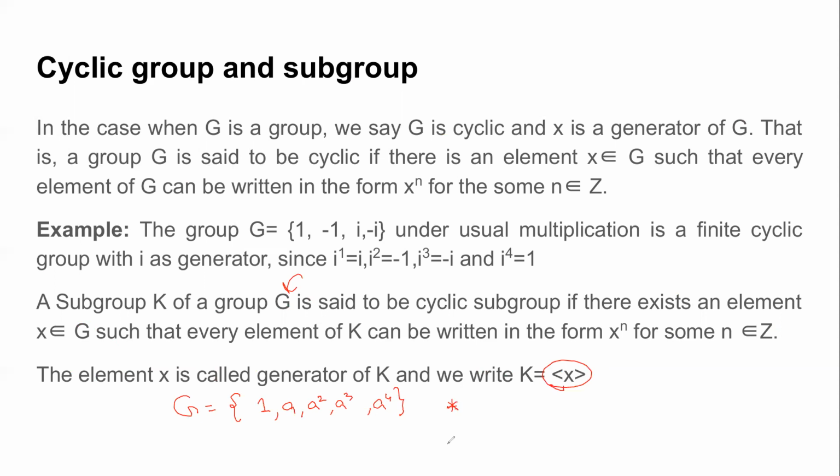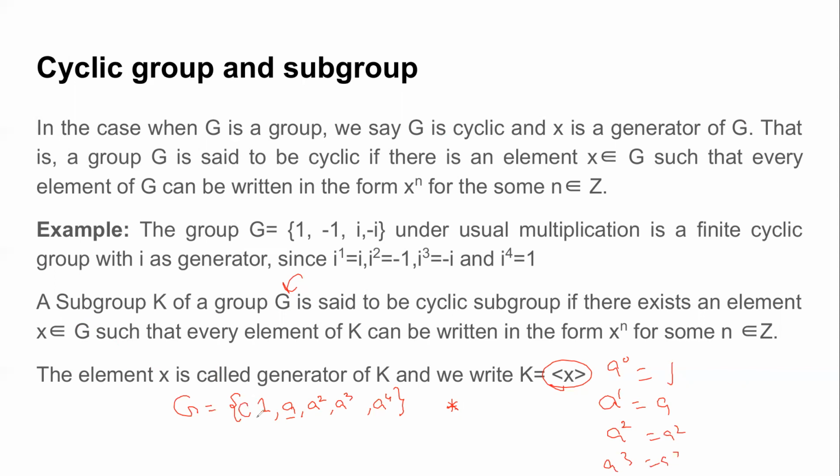And if it is, what is its generator? It is a cyclic group. Why? Because I can write all of them as powers of a, where a is your generator, right? a to the power 1 is a, a to the power 2 is a squared, a to the power 3 is a cubed, and so on. Okay, and how do I get 1? a to the power 0 is 1, right?